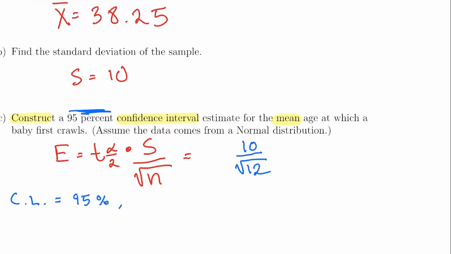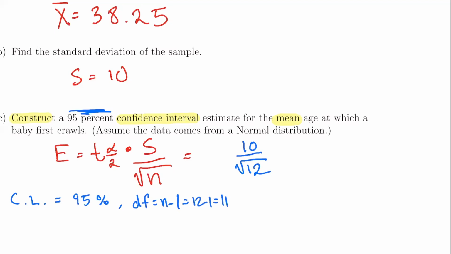Then you want to find degrees of freedom, which is n minus 1, so 12 minus 1, and we get 11. Those are the two pieces of information we look for in the t-table. Any questions in regard to how I got that before I go over to the t-table?